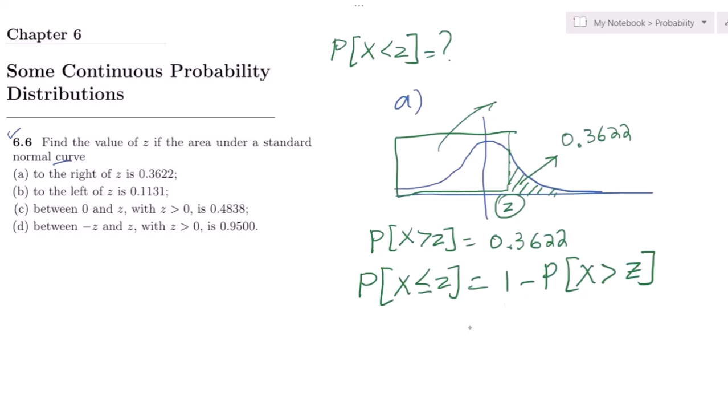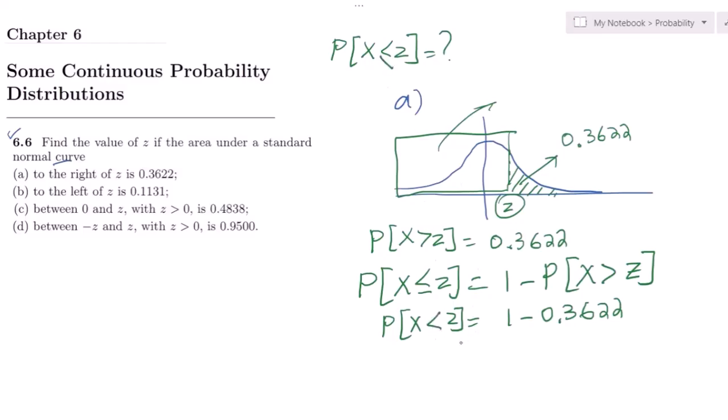The value we know is given, so it would be 1 minus 0.3622, and that is the probability that x is less than or equal to z, or we can also call it the value less than z.